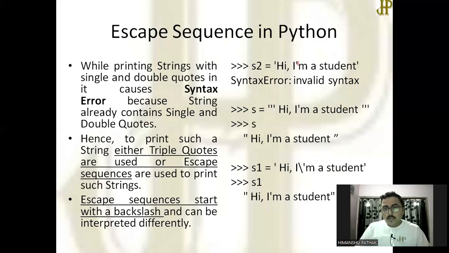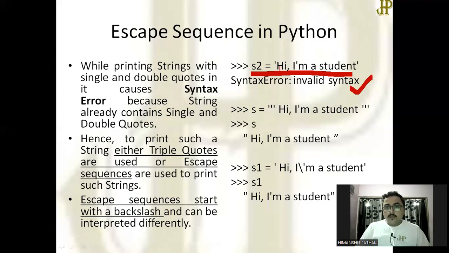So here I have included a single inverted comma. So how will it print? If I try to use s2 is equal to 'Hi, I'm a student', it will show invalid syntax. Why?